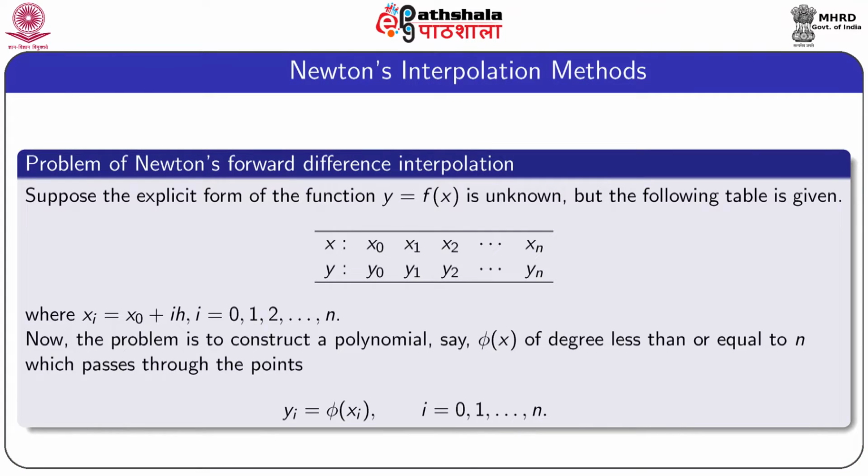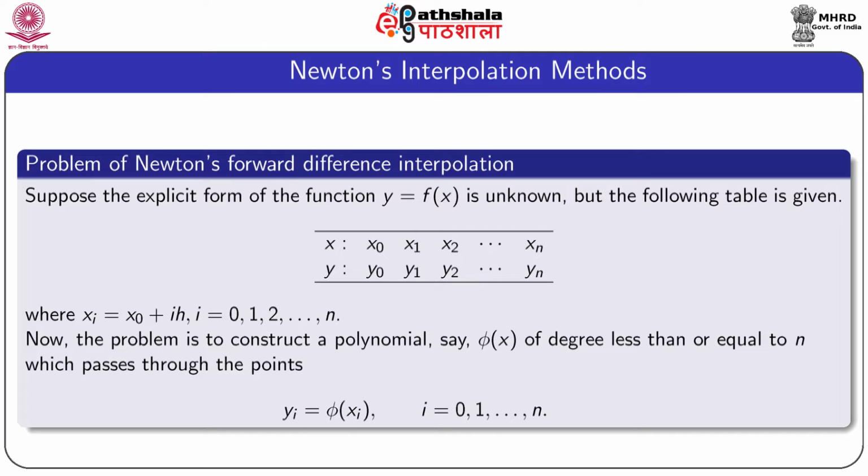First, we consider Newton forward difference interpolation formula. In this case, we assume that a table of values of x and y is given. The values of x are denoted by x0, x1 up to xn, and the values of y are y0, y1 up to yn, where xi equals x0 plus ih, where i equals 0 to n.